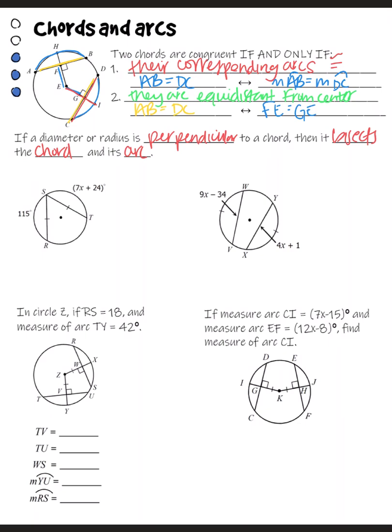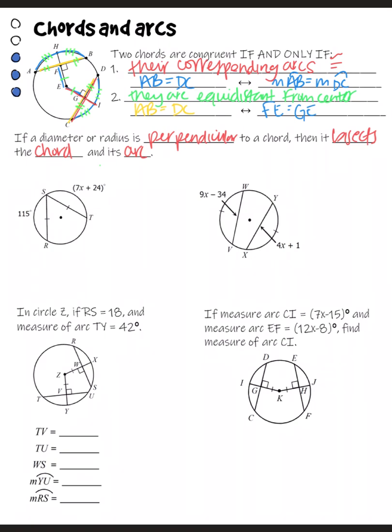So that means that a lot of pieces are going to be congruent here. So if this is our circle and this is true, then this is going to be congruent. These are going to be congruent as well as these arcs out here. So all this stuff is congruent.